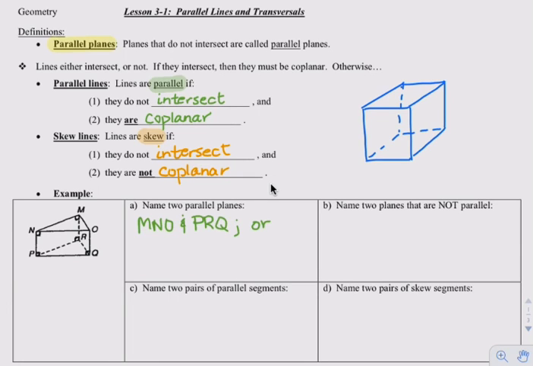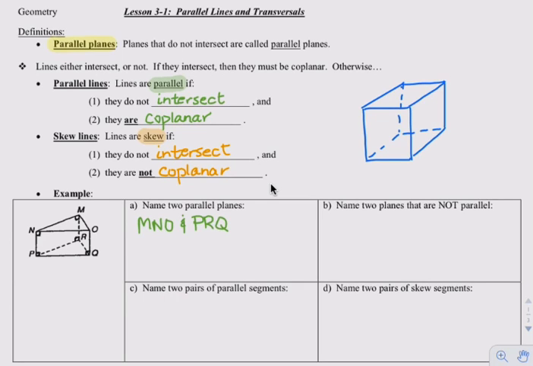Now you only had to give two, and I can't give you another example because this one doesn't have any other parallel planes. If I was looking at a rectangular prism like up here, you'd have three sets of parallel planes because all of the opposite faces would be parallel. But on our little block of cheese down here, we only have two parallel planes.